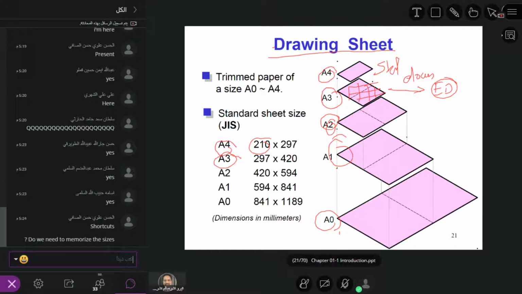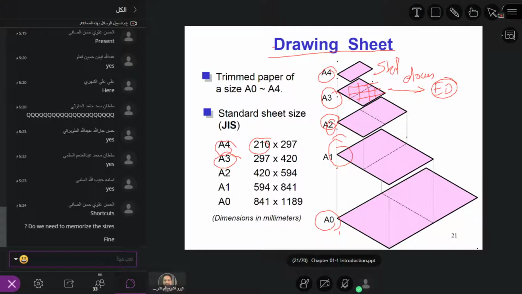Here you need to develop your skills by developing your knowledge. So don't ever memorize anything here. The most important thing is skill. You are required to draw with skill. That's what is required from you.